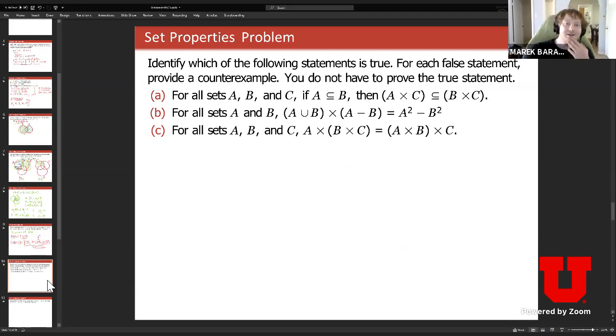So for this one, we're determining whether these statements are true or false, and if they're false, providing a counterexample. So for the first one, we have for all sets A, B, and C, if A is a subset of B, then A cross C is a subset of B cross C. And I'll just ask, does anyone know if this is true or false?